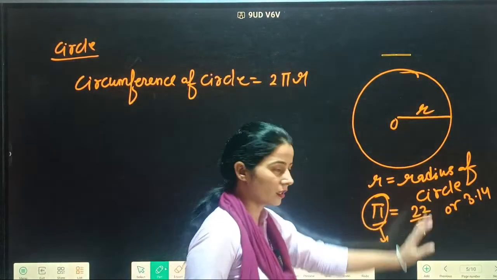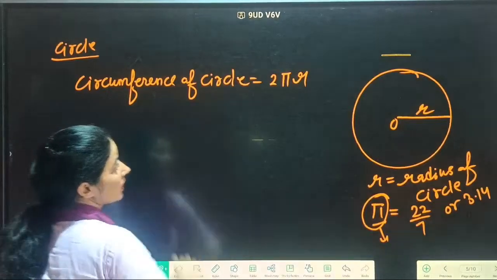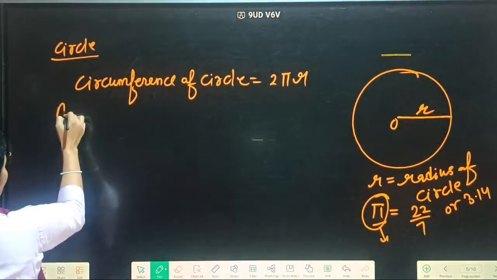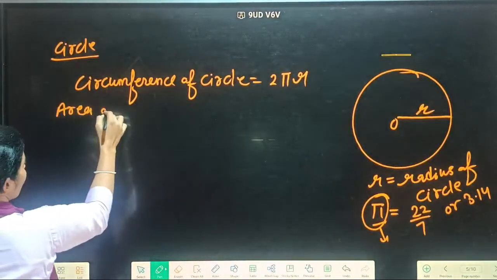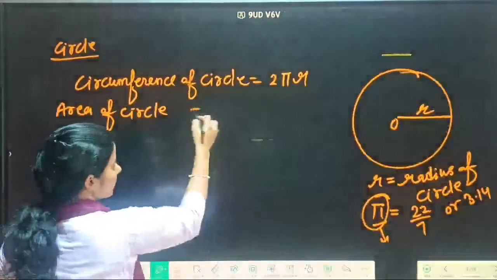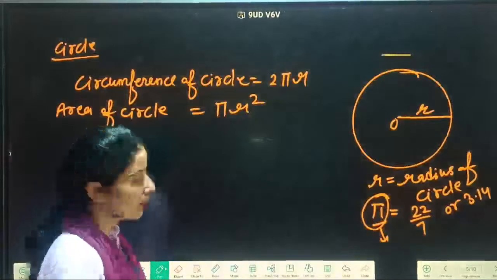So in another video we will discuss this pi. Circumference of circle is 2 pi r, and area of circle is pi r square.